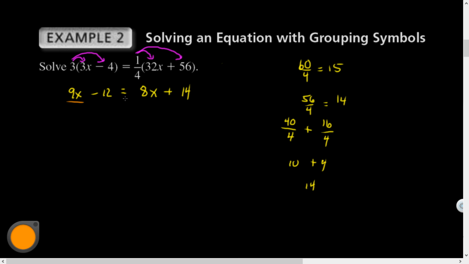Who's the little guy when it comes to my x's? 8. So that's a positive 8x. So to undo it, I'll subtract 8x from both sides. And let's see, 9x minus 8x is 1x. I could write that 1, or I could just let it be like that invisible hobbit, right? Bam. Where'd you go, Frodo?